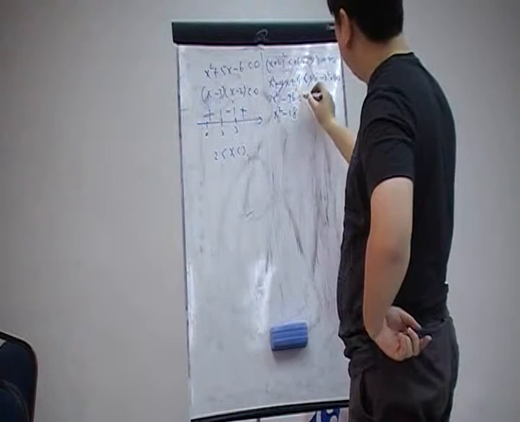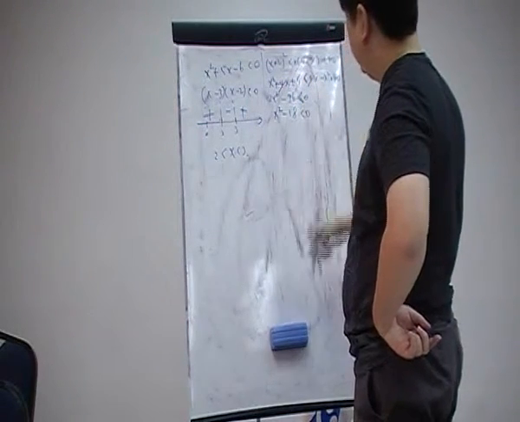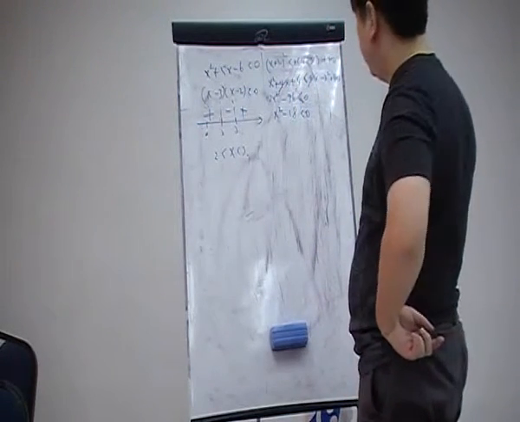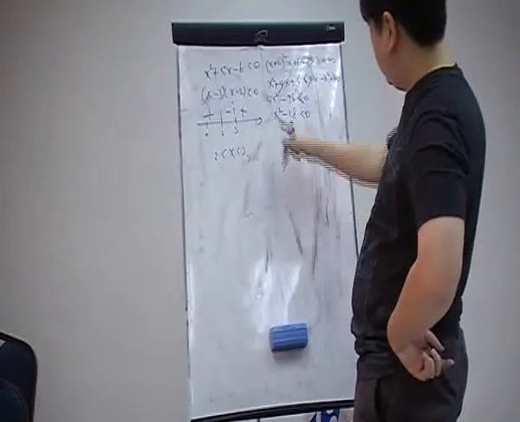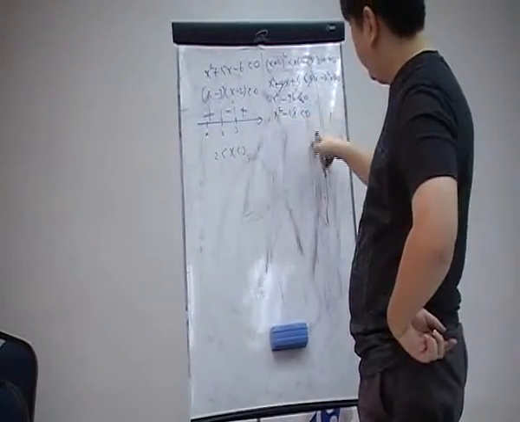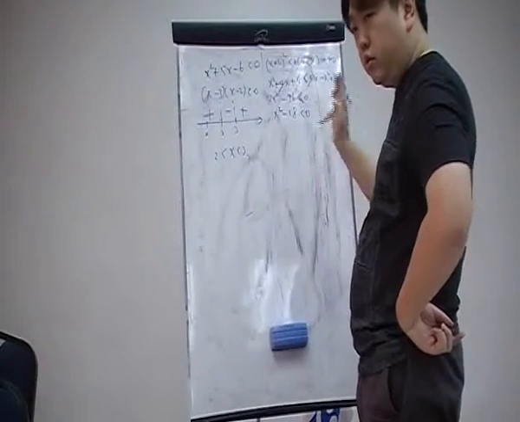Take out the common factor. You get this. Divide by 2, and 0 divided by 2 is still 0.